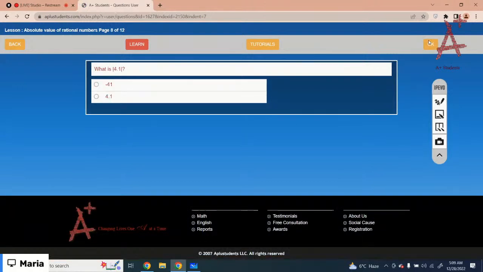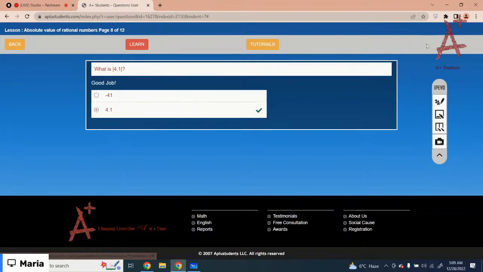What is the absolute value of 4.1? Yes, it is 4.1. The absolute value of the positive number is positive.